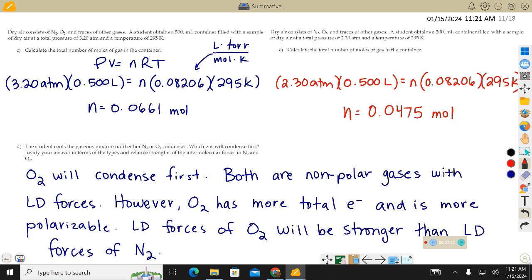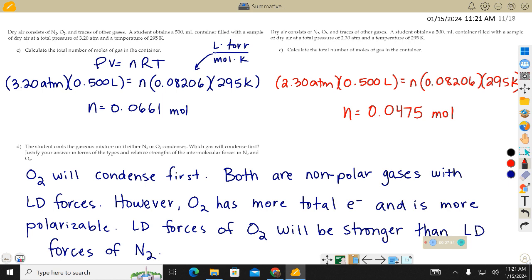Parts C and D. Dry air consists mostly of nitrogen and oxygen and a few other random gases, water vapor, all that good stuff, CO2. A student obtains a 500 milliliter container filled with a sample of air, dry air, at a total pressure of either 3.2 atmospheres or 2.3 atmospheres and 298 Kelvin.